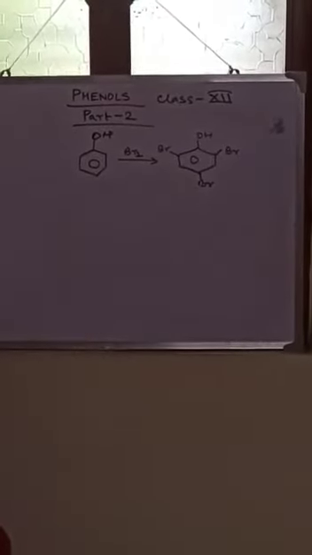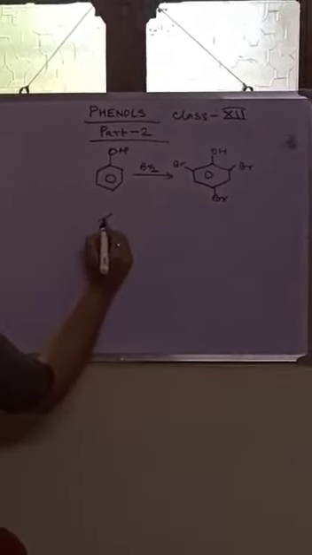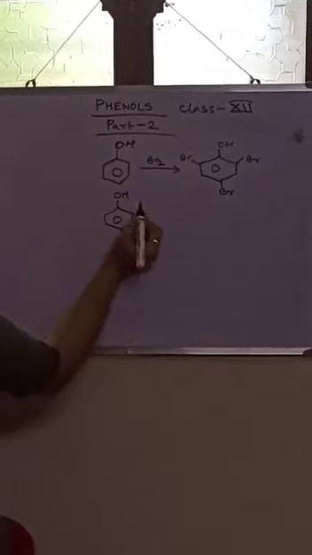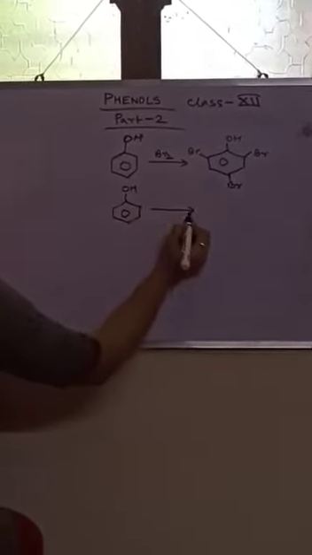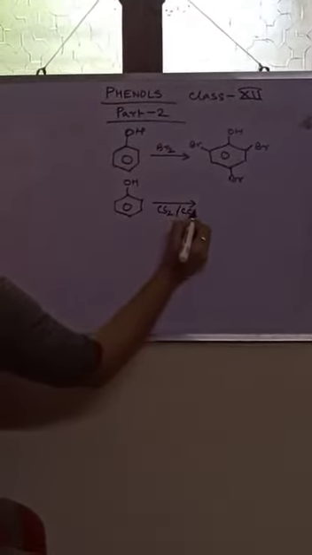In order to get the monosubstituted product, we need to use non-polar solvents such as carbon disulfide or carbon tetrachloride.